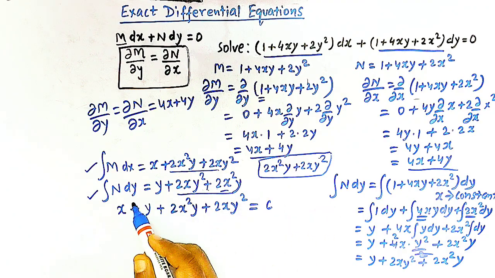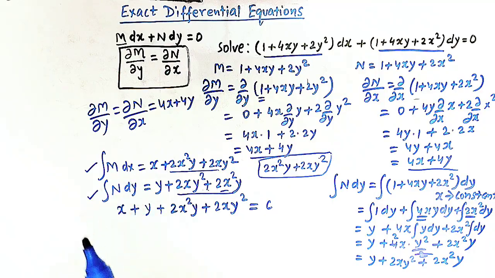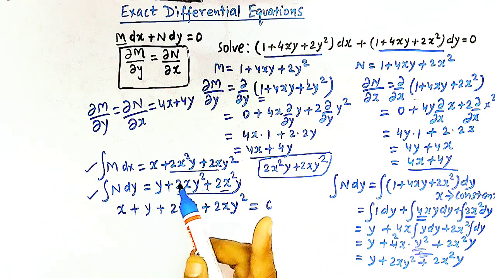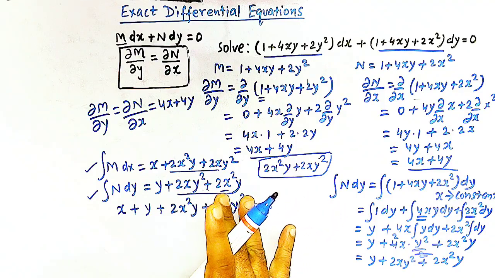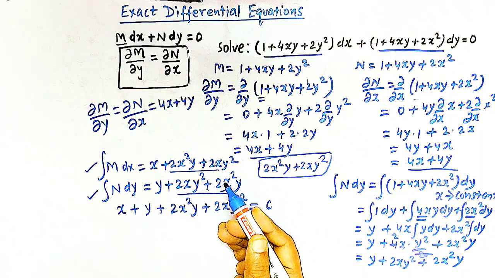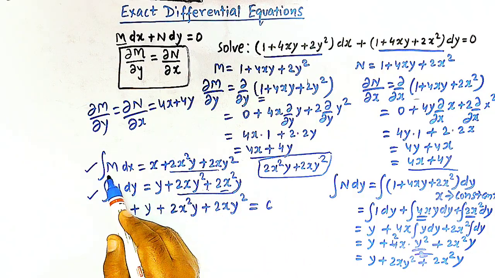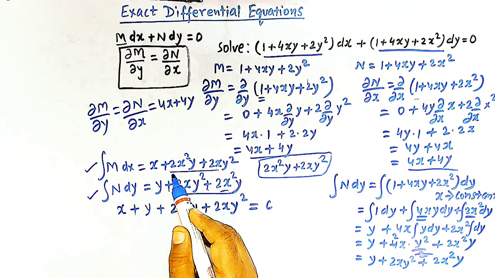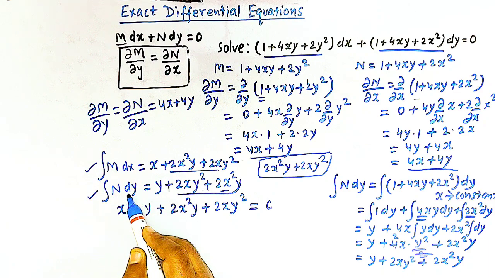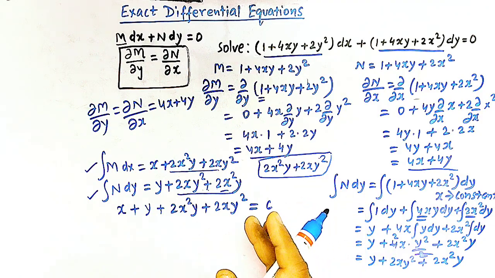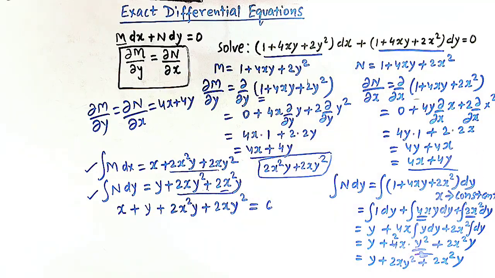First we integrate M with respect to x regarding y as a constant, and then we integrate N with respect to y, taking x as constant, and retain only those terms which have not already been obtained in the integration of M. Then we take the sum of the integral of M dx and the integral of N dy, and the sum is equated to some arbitrary constant, and the resulting expression gives us the solution of the given differential equation.